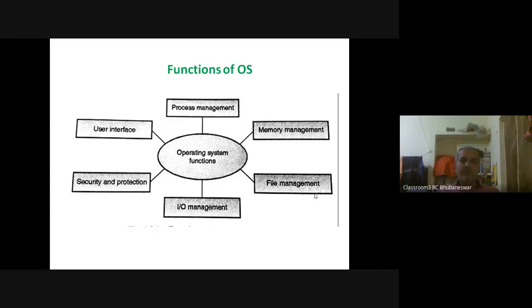Exactly, we are not creating the file. We are requesting the operating system to kindly create a file. Then the operating system creates that file. Then delete also, update the name also. So the operating system is responsible for creation, updation, deletion of files in the computer.